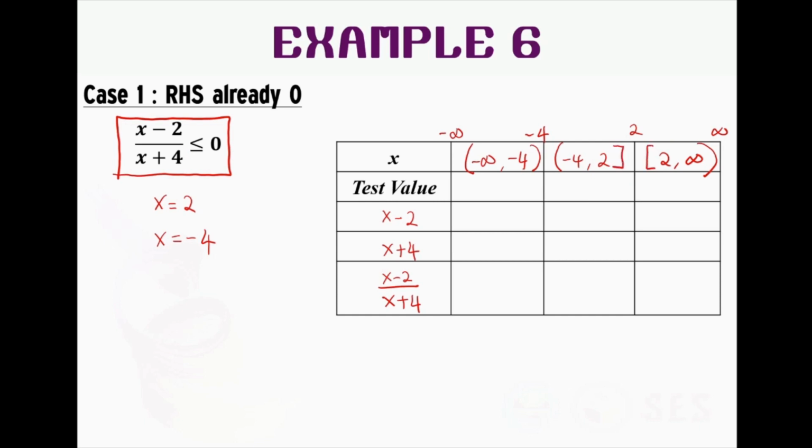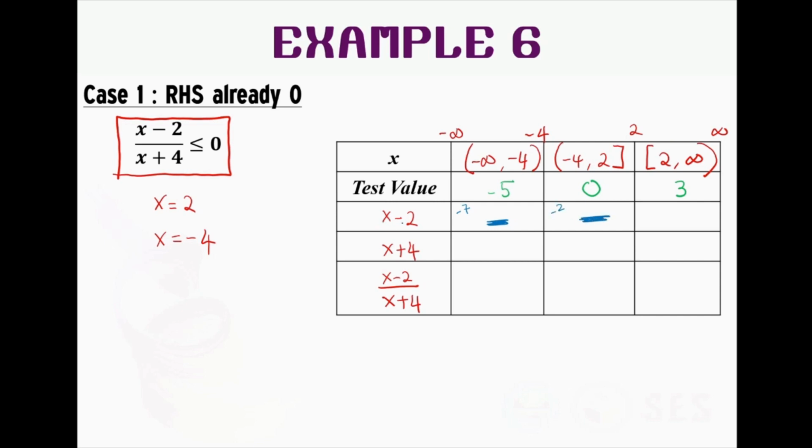Okay, now the test values. For this, I want negative 5, 0 and 3. Just as simple as that. Next, if I substitute negative 5 into x minus 2, I will get negative 7, so it's a negative number. If I substitute 0, I will get negative 2, a negative number.